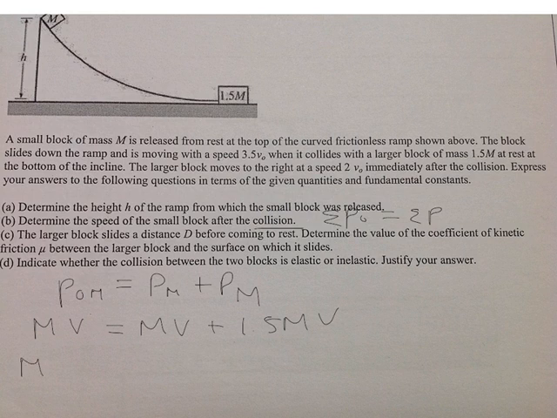Our velocity, when I say beginning, I say right before the crash, which is the 3.5 v naught, and that should be equal to whatever our velocity is after, and this is your unknown because you want to figure out the speed of the small block after the collision. And then we have our 1.5 m, and it was moving at a speed of 2 v naught.